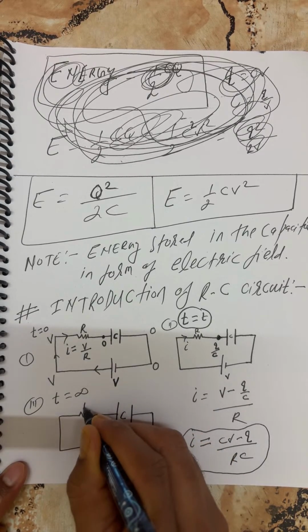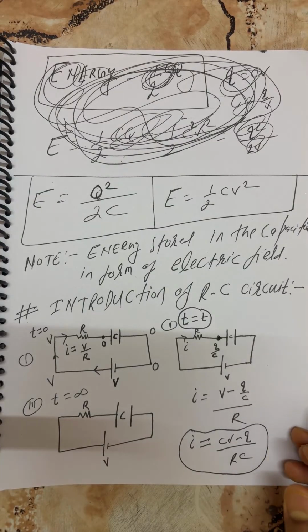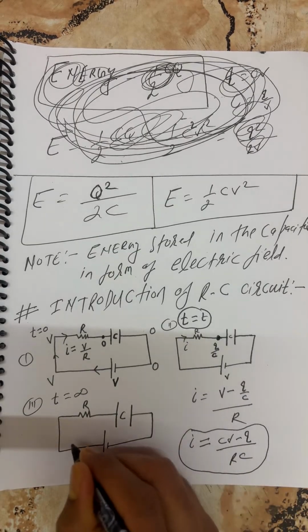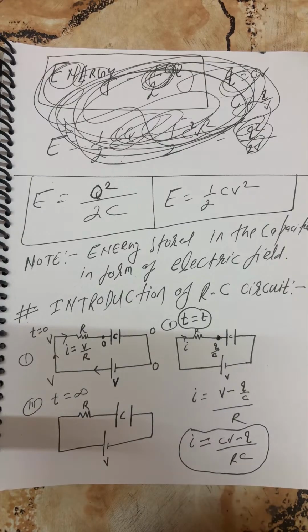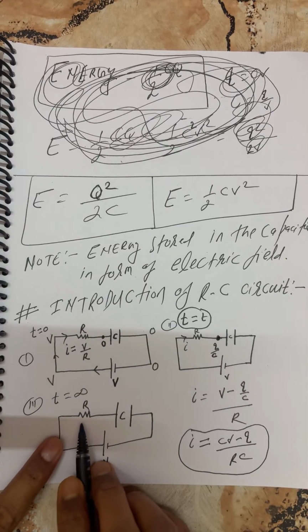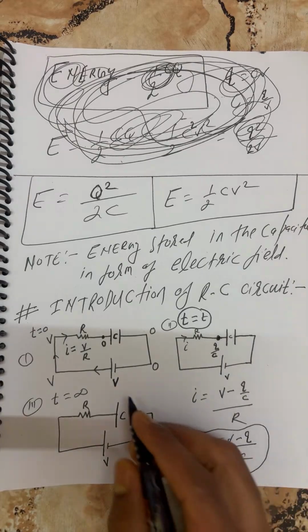This is C, this is R, and this is V. For this condition, there is no current drop on the resistor here.